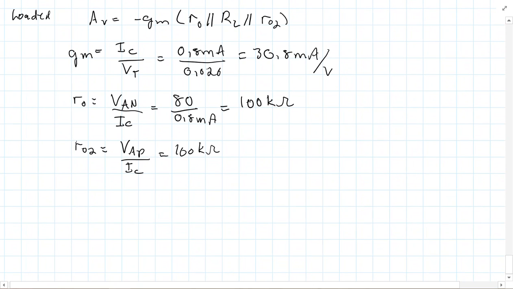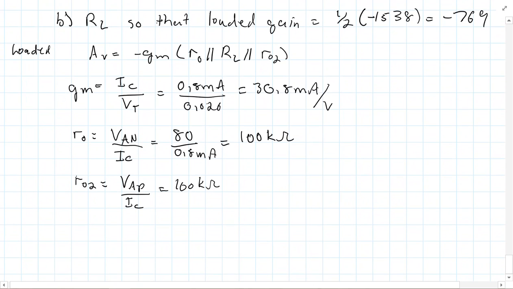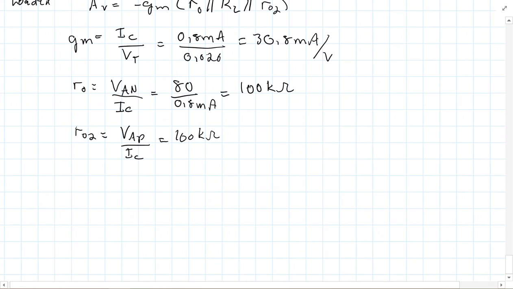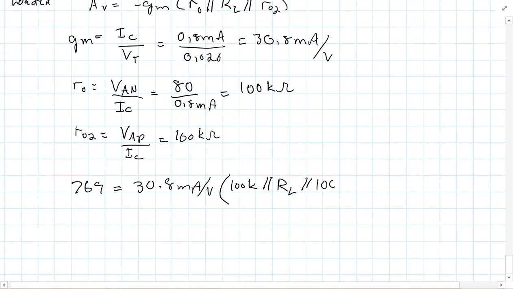All right, so let's write down what we have. We know the gain I'm looking for is negative 769. I'm just going to get rid of the negatives right away. So 769 has got to equal GM, 30.8 milliamps per volt, making sure to include units, times 100K in parallel with RL in parallel with 100K.